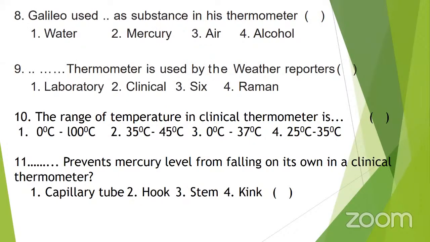A few more questions are here. In the examination, we don't know what type of questions come. Let us practice. While practicing, read the question well. Here, Galileo used dash, the same type of question as before. Go through these questions once and answer. Read well first.